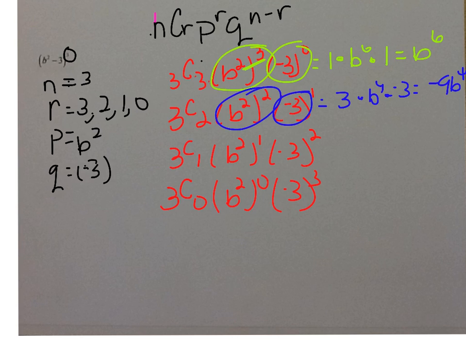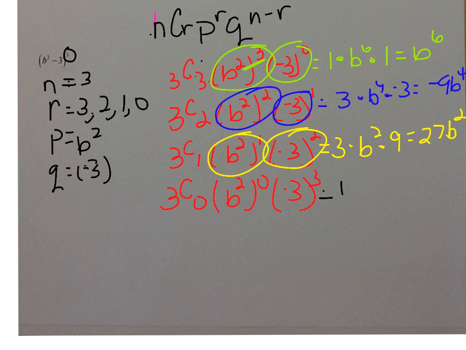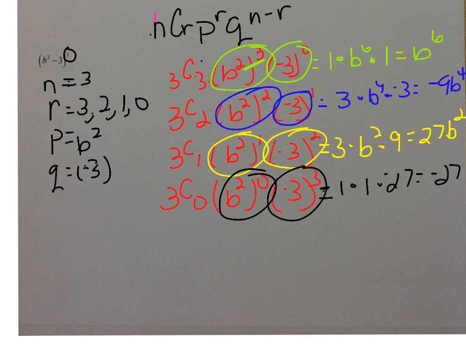Next one. 3C1 is 3. b squared to the first is b squared. Negative 3 squared is positive 9. So that's positive 27b squared. 3C0 is 1. b squared to the 0 power is 1 because anything to the 0 power is 1. Negative 3 to the third power is negative 27. So I just get negative 27.